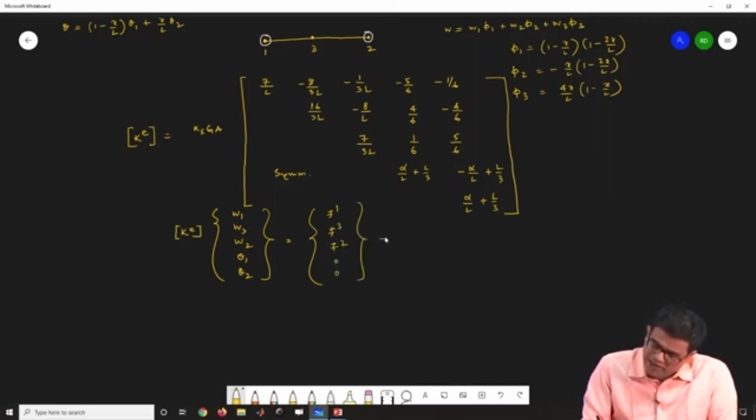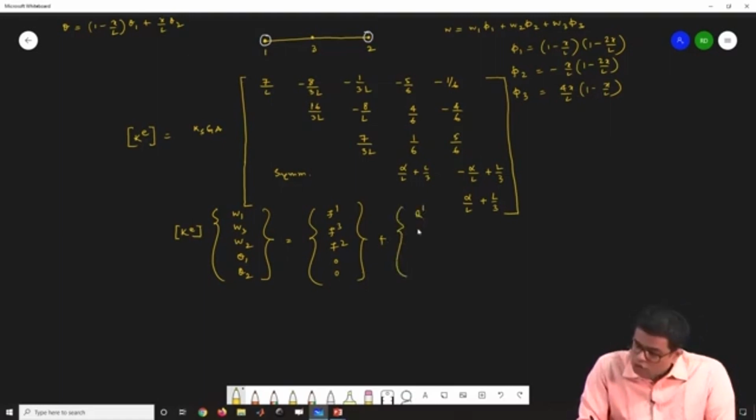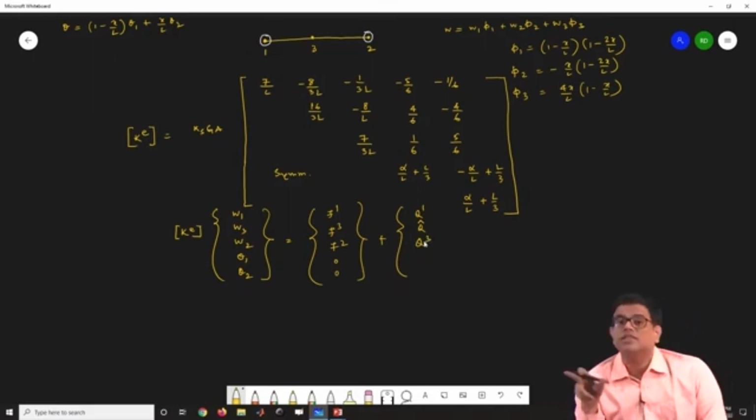Then again we will have the boundary terms, that is Q1. For the third node, let me denote it Q hat, so now this is my Q3. Why I am saying Q3 is just to be consistent with the Euler-Bernoulli beam.